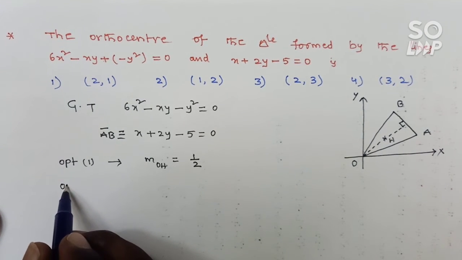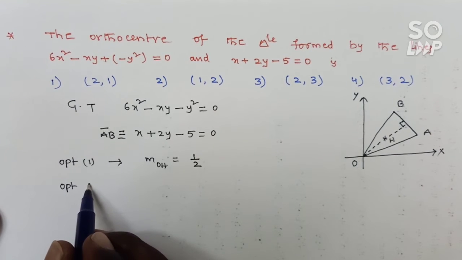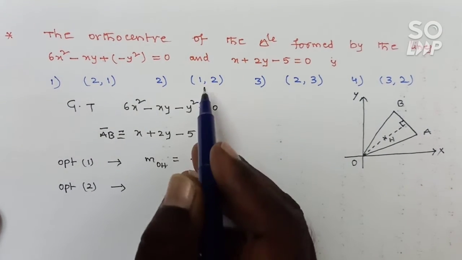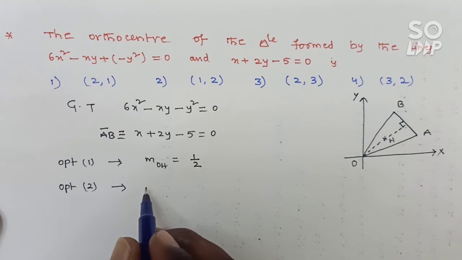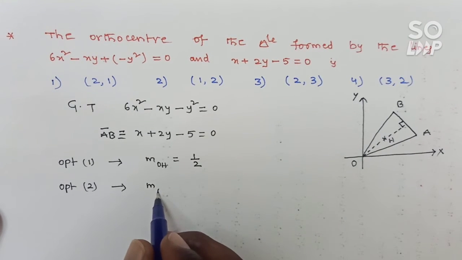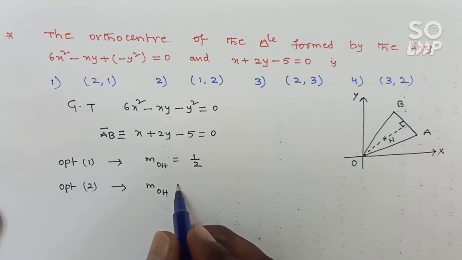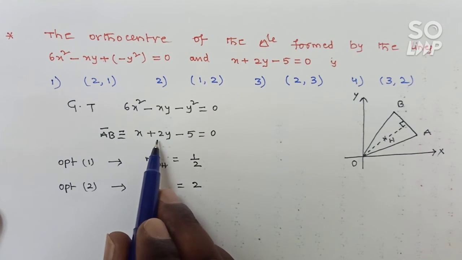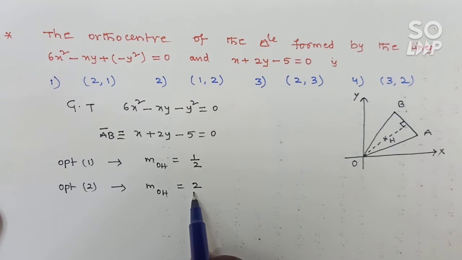Next take option 2. From option 2, H is (1, 2). That means the slope of OH is 2. The slope of AB is −1/2, and the slope of OH is 2.